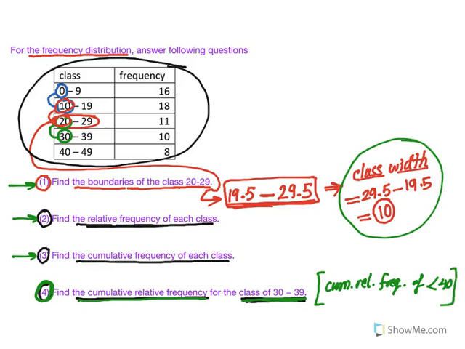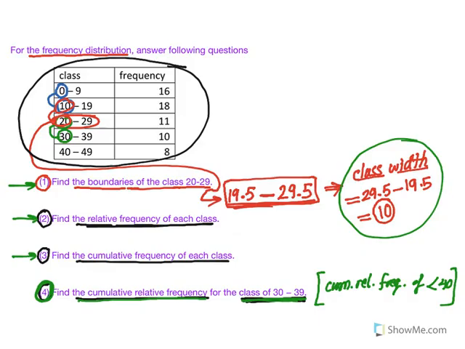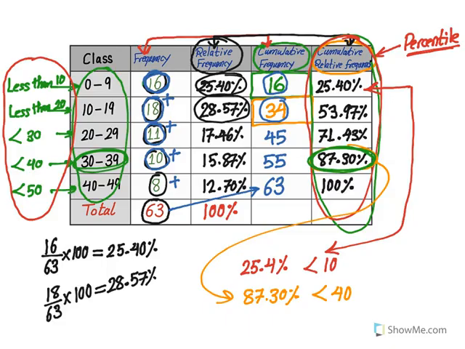So in this case, if you look here, for this class, 30 to 39, the cumulative relative frequency was 87.3%. So I can say here, this was 87.30% or percentile. This is the percentage of data that are less than 40. So it's the same exact thing as percentile.